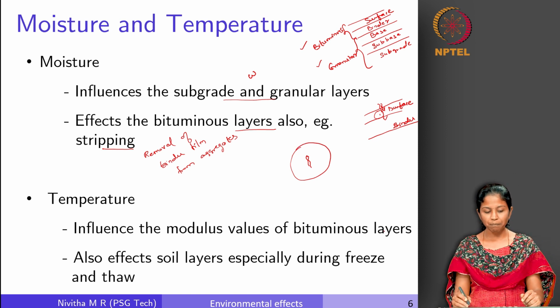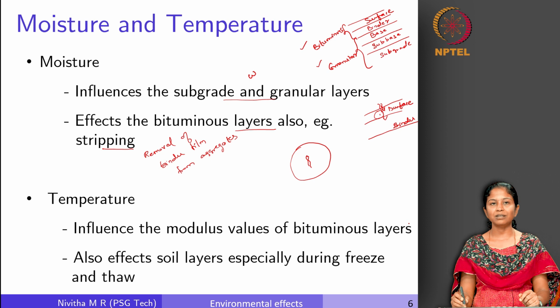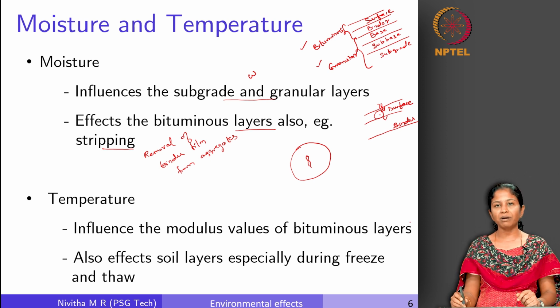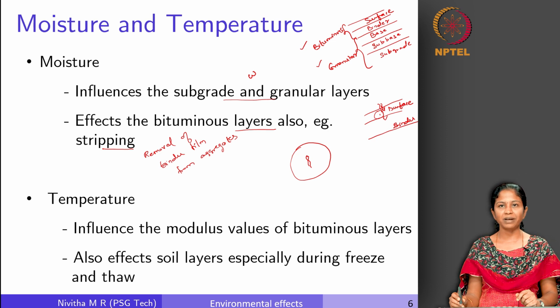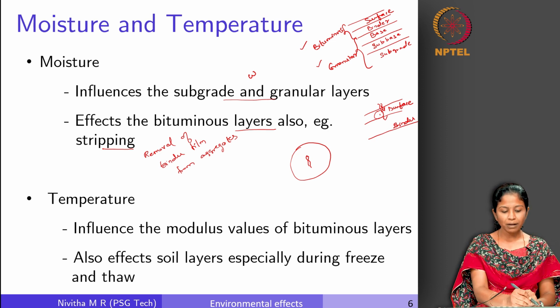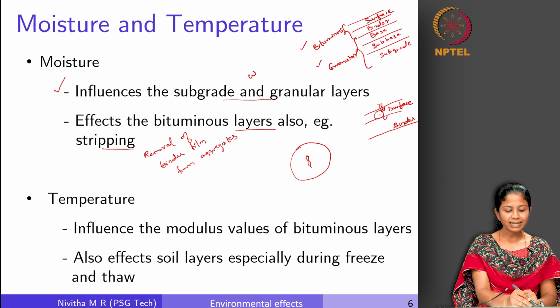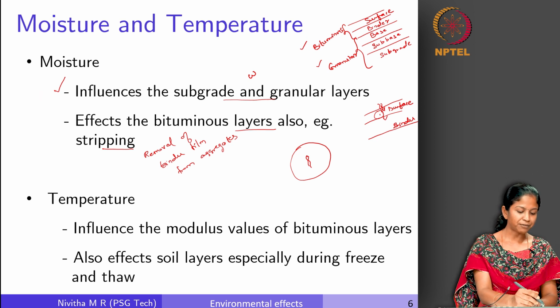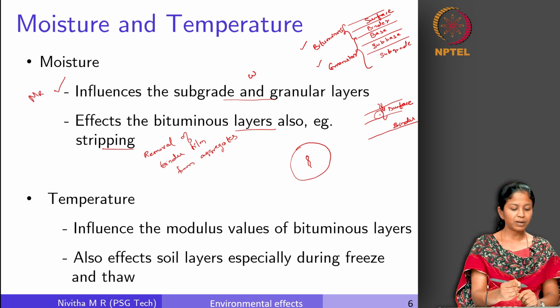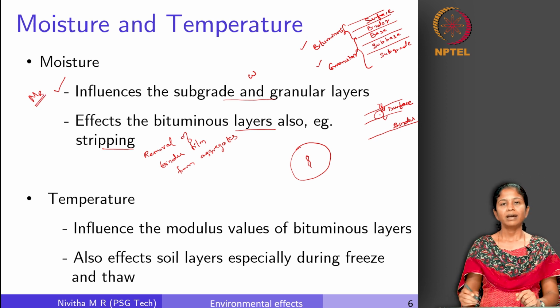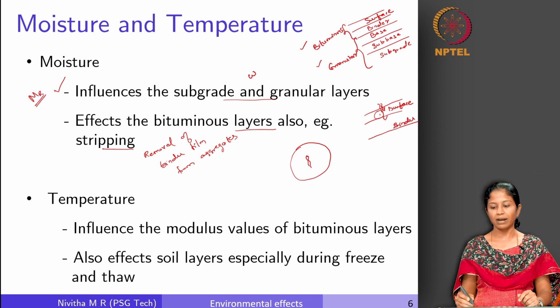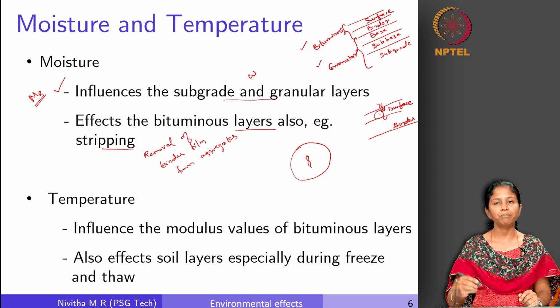So this stripping effect is a major concern for moisture, but is it going to affect my design? Is it going to affect my modulus? Not much of an influence on the modulus. Moisture content has a direct influence on the resilient modulus of all the granular layers: subgrade, subbase and base layers.